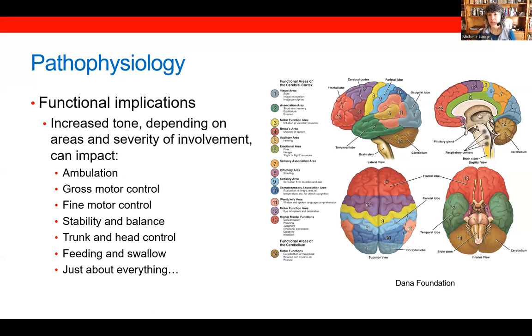And then in combination with this, the cause of the increased muscle tone may lead to other issues as well. So if there has been damage to a part of the brain that's led to increased muscle tone, it could lead to other issues as well, like visual issues, for example.